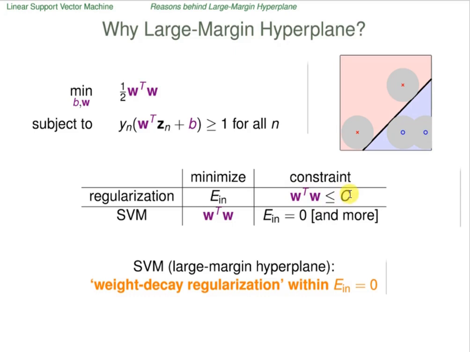C acts as an upper bound on the weight growth. Growing the weight is controlled by C. This is a hypersphere. The optimization of the SVM can be interpreted as weight decay regularization, since we are minimizing the quadratic weight subject to in-sample error.